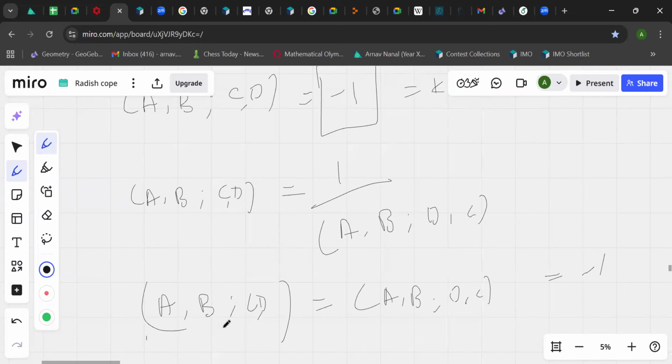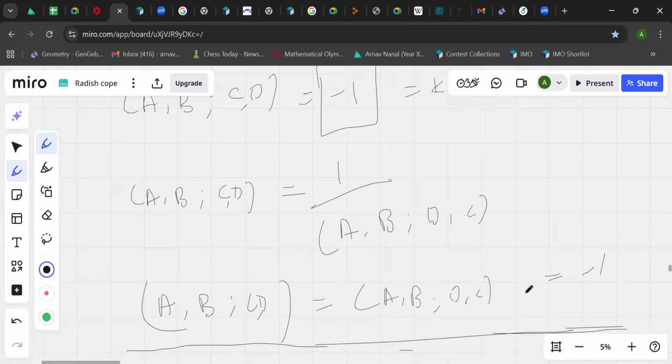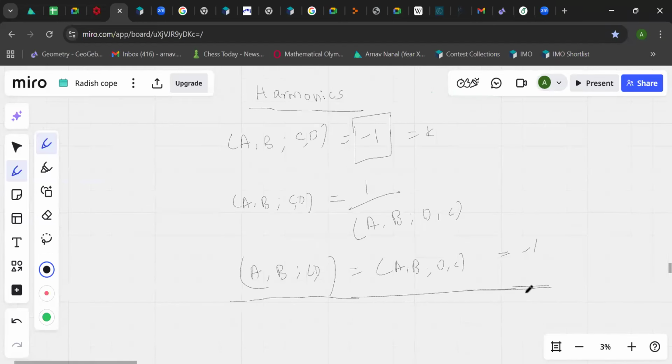Does that make sense? Because the inverse of -1 is just -1. Yes.